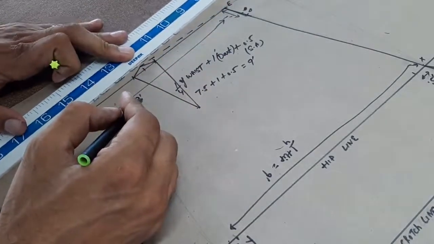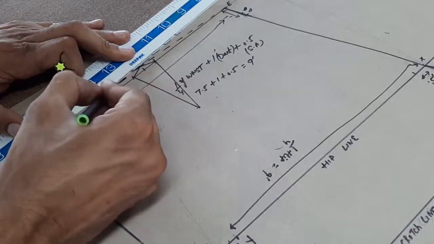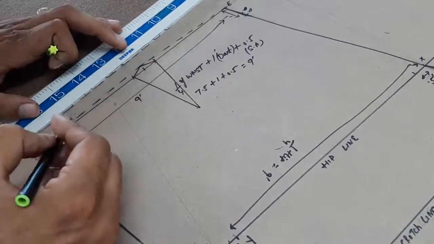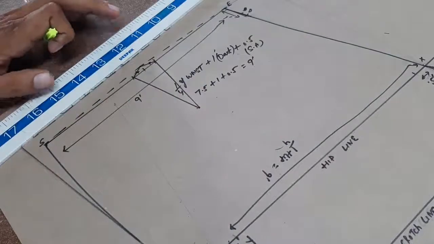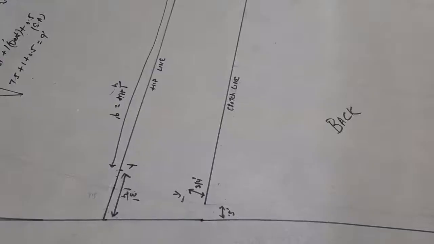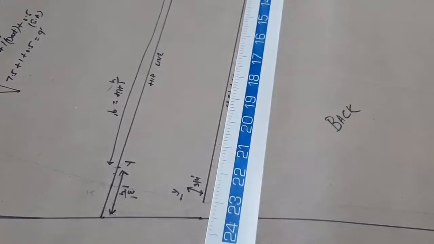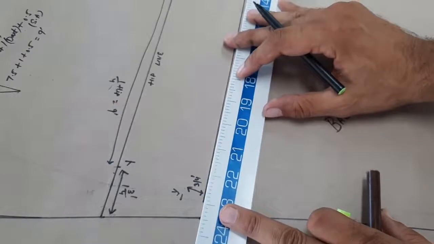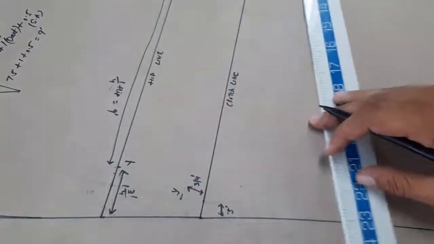Similarly, you can join with here. So this you can negate. Okay. And simply we can extend, meaning whatever extra we had taken, we extend it here.